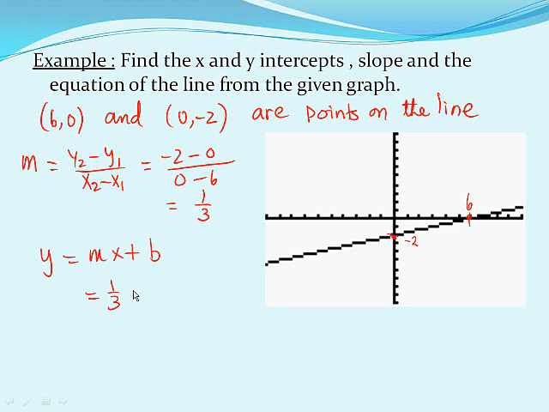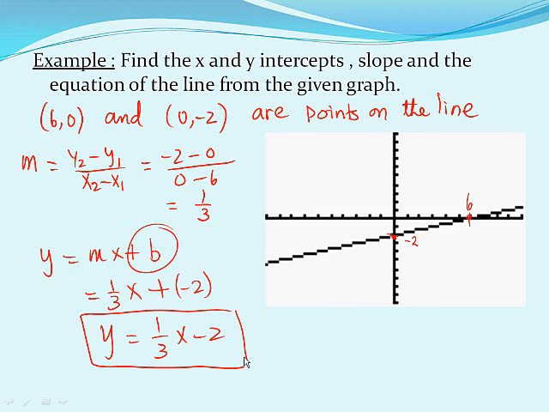So 1 by 3x plus b, where b is the y-intercept, and the y-intercept is negative 2. So my equation will be y equals 1 by 3x minus 2.